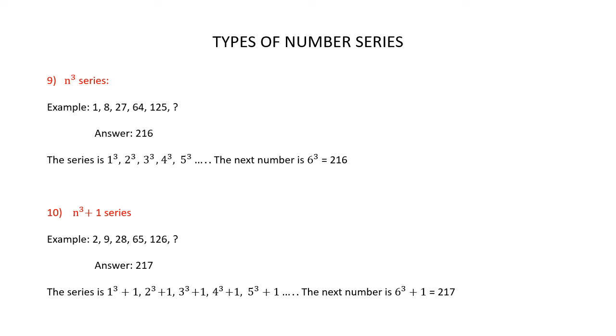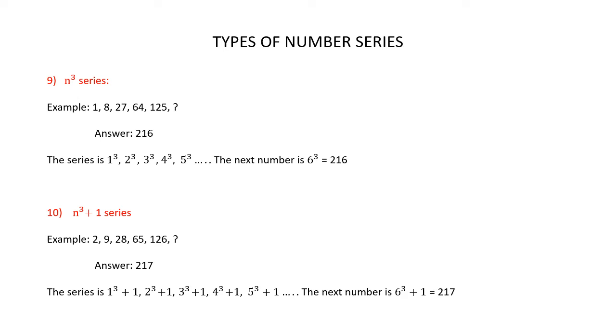Next is n cubed plus 1 series. Let's understand this with an example. Look at this number series: 2, 9, 28, 65, 126, question mark. You have to find the missing number here. When you observe these numbers, you'll notice that this is an n cubed plus 1 series.